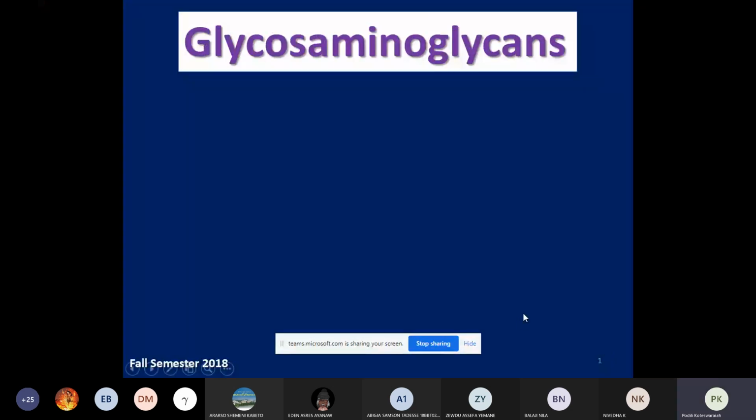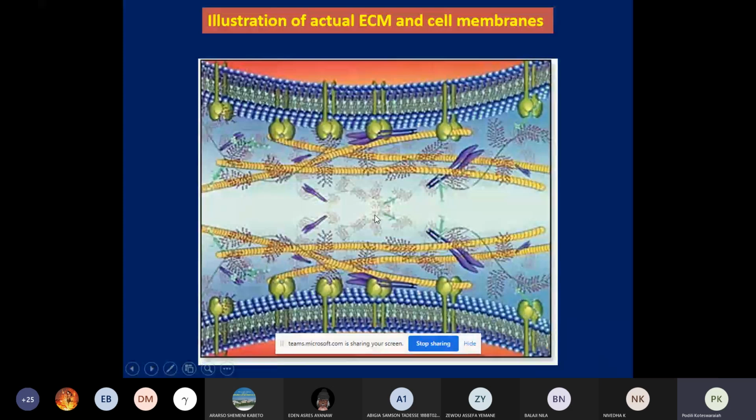And these GAG chains, glycosaminoglycans, as I already said, are heteropolysaccharides mainly present in the space between the cells. That means the extracellular space is filled up with many glycosaminoglycans, which provide the lubricating property, and they are present on the animal cell surface and also in the extracellular matrix.